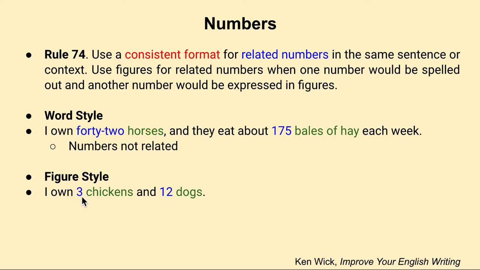But since these two numbers, 3 and 12, are related because they're about how many things you own, we need a consistent format. Normally this would be written out as three, and this would be a figure 12 in figure style. But since these are related numbers, then we use figures for both. So my comment, the numbers are related.